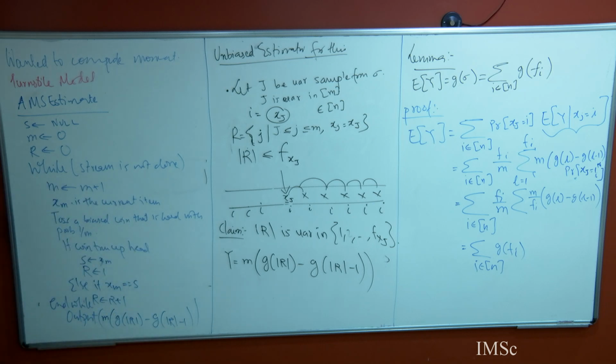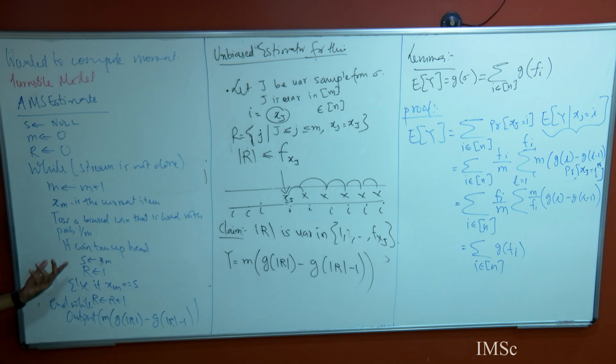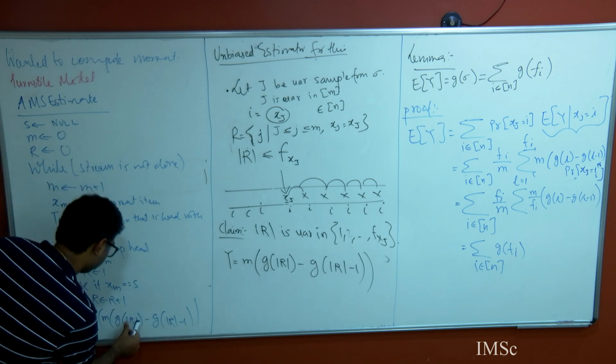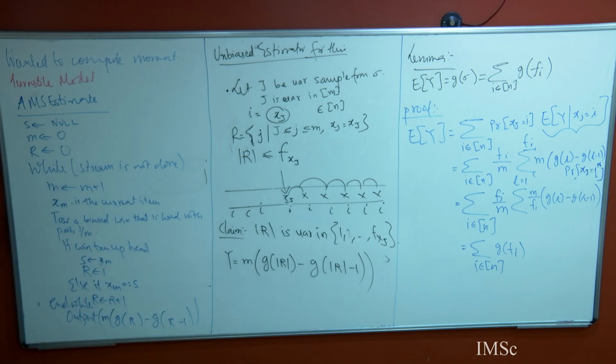That is it. We don't need the cardinality of R here. Here you are increasing r, yes, correct, sorry. Okay, so this is simple, done. Now what is its quality?